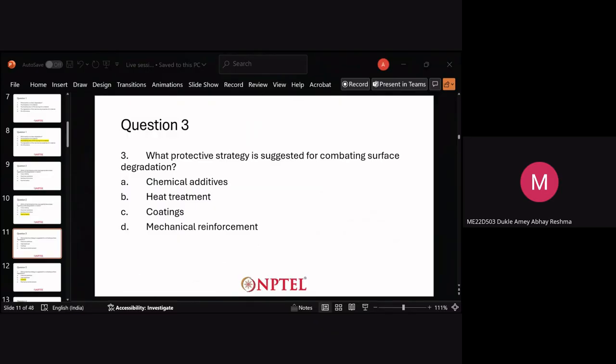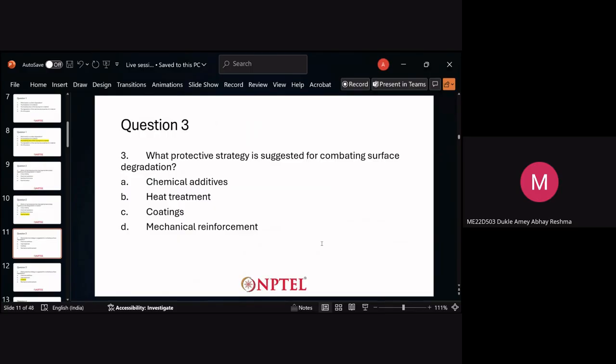Moving to the third question, what is the protective strategy suggested for combating surface degradation? Is it chemical additives, heat treatment, coating, or mechanical reinforcement? When we are talking about the surface, the strategy will obviously be mainly based on the surface level.